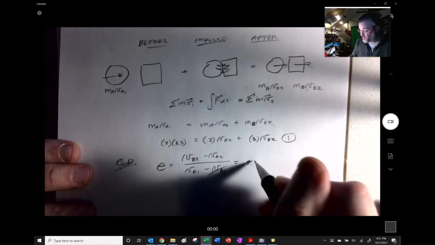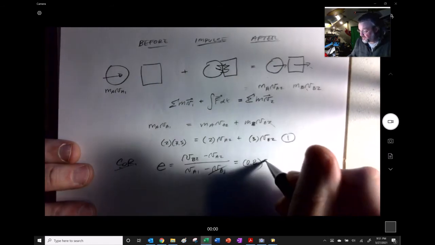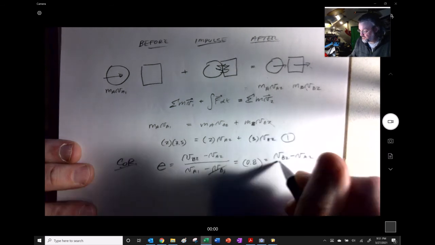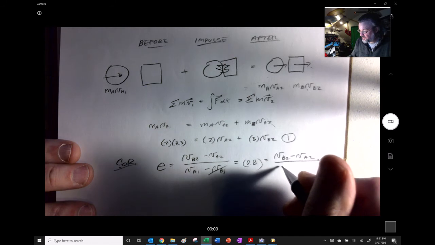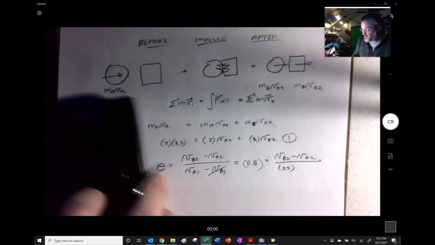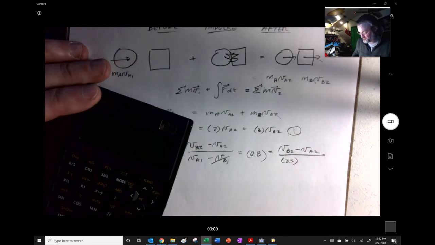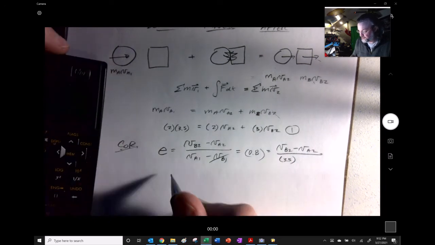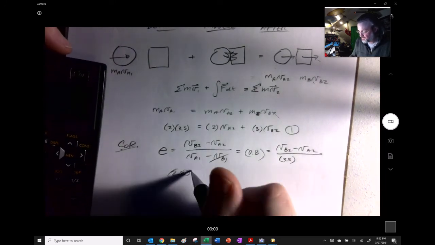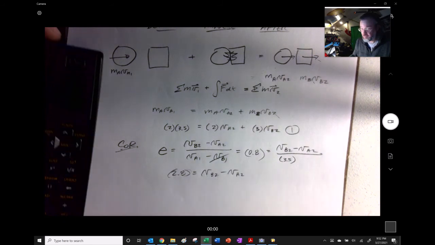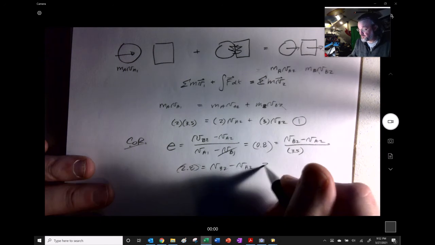And that's equal to 0.8, and this is 3.5. So we have 0.8 times 3.5, or 2.8. It's going to be equal to the relative velocity between there. So there's equation 2.